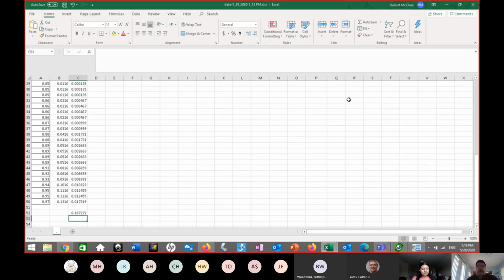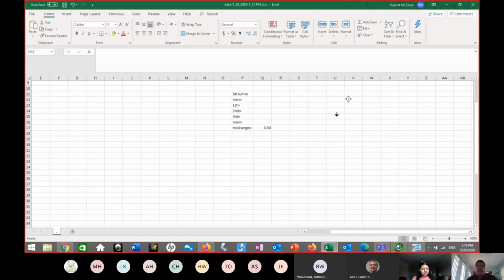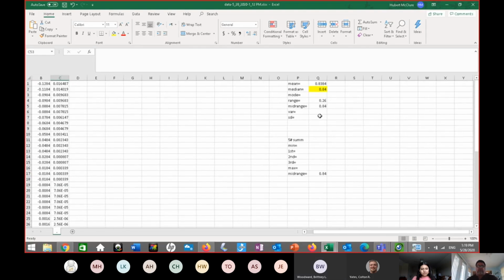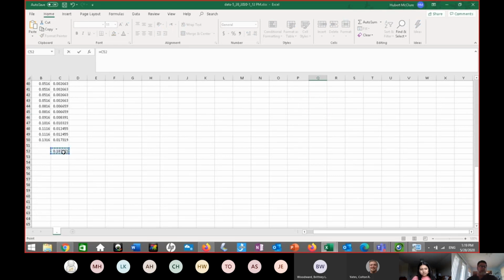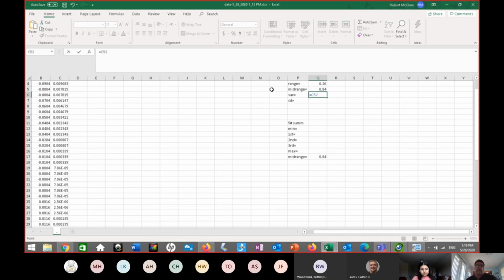And that's going to be the numerator for your what? That's going to be the numerator for the variance. So equals this number divided by, I'll do this part for you, 50 minus 1 is 49.